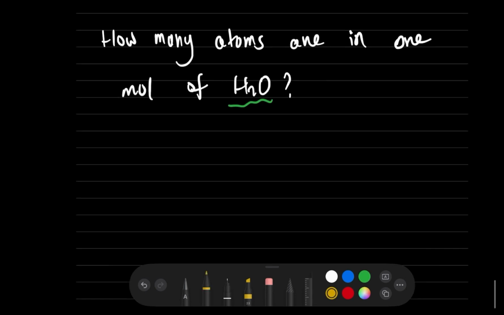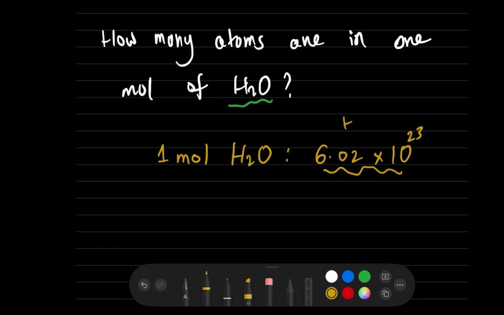Put in mind, each 1 mole of water contains 6.02 times 10 to the power 23. But this number here represents the number of H2Os that you have. But I need to calculate how many atoms are in 1 mole.